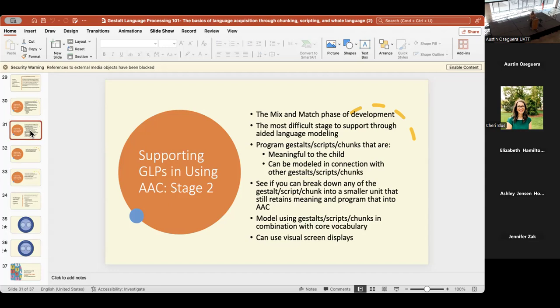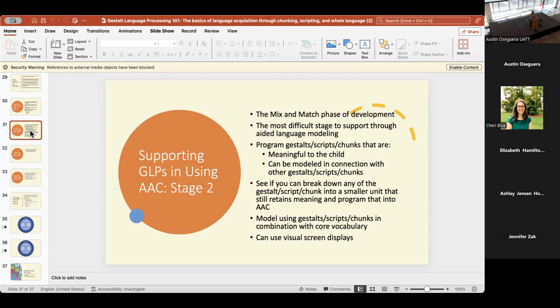If you have kids who are using verbal speech, it happens naturally. So it's hard, but you could try to break down scripts that they've used and model a broken down version of scripts they already have. See if you can program scripts that are used in their routines that they already are exposed to.